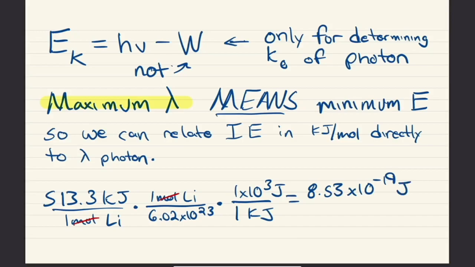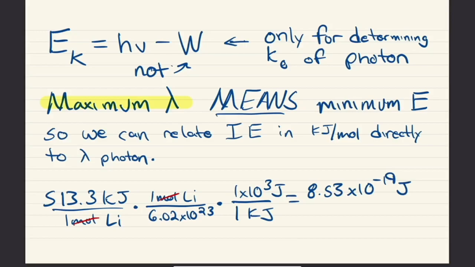Essentially, this is per atom or per lithium, right? Per electron that we are going to eject. We do not have to write this here, but we must understand that. That's the disconnect that a lot of students are going to make in this problem.